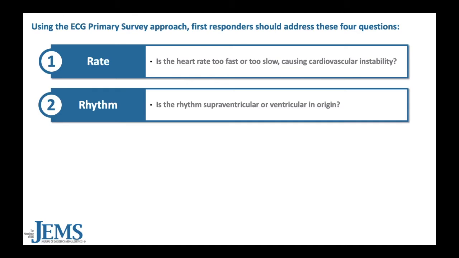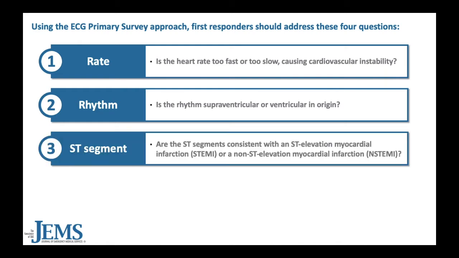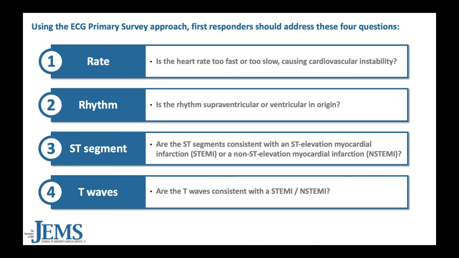Is the rhythm supraventricular or ventricular in origin? 3. The ST segment. Are the ST segments consistent with an ST elevation myocardial infarction, STEMI, or a non-ST elevation myocardial infarction, NSTEMI? And lastly, the T waves. Are the T waves consistent with a STEMI or NSTEMI? So let's take a look at our patient's ECG while answering these 4 questions.